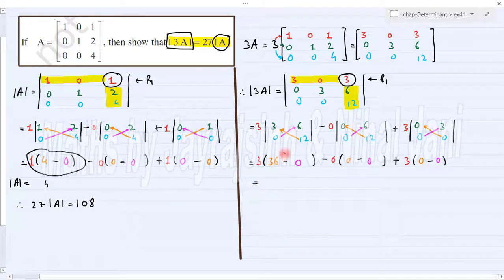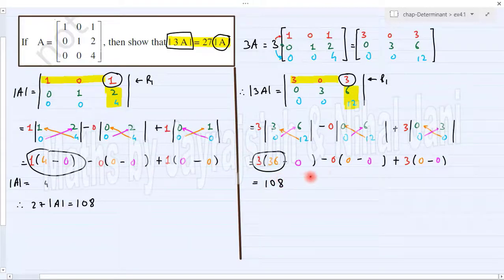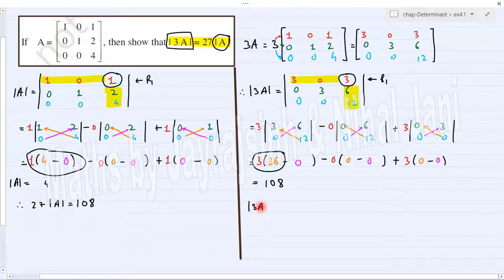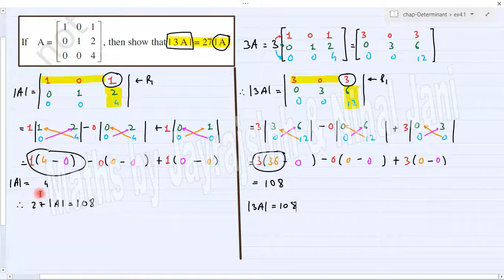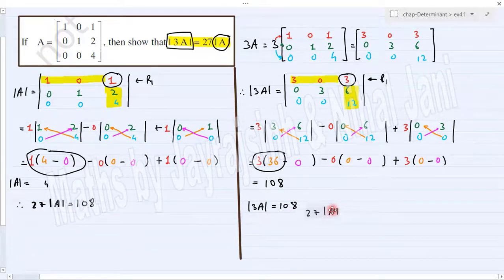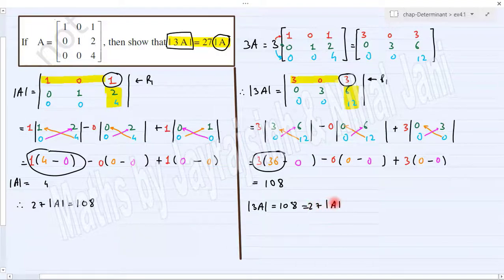So here we get 36 into 3 will give us 108, and the rest of the terms are 0. So we get determinant of 3A equal to 108, and 27 times determinant of A is also 108. So we can say determinant of 3A is 27 times determinant of A. Hence proved.